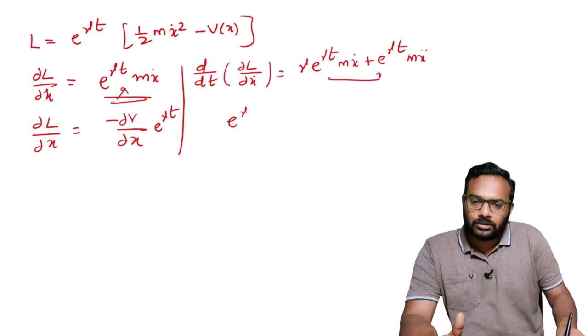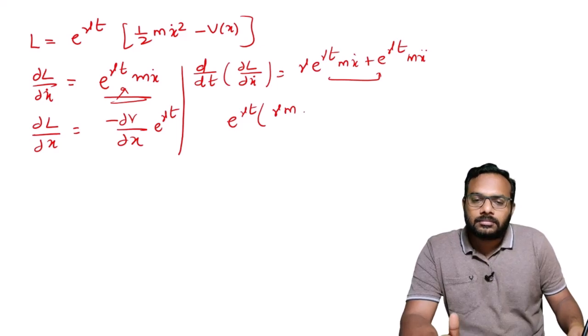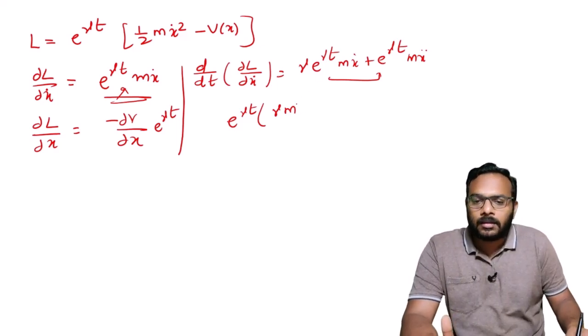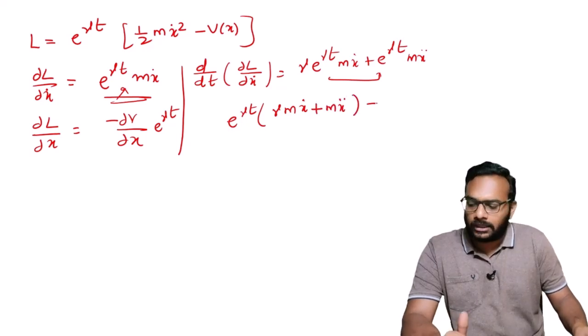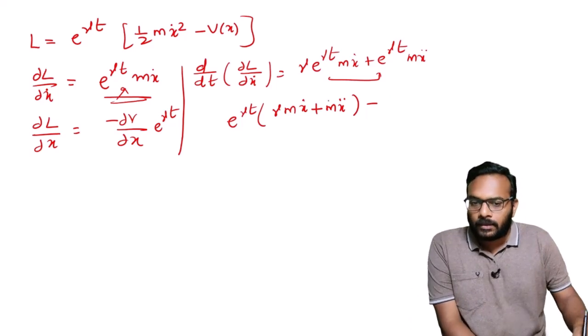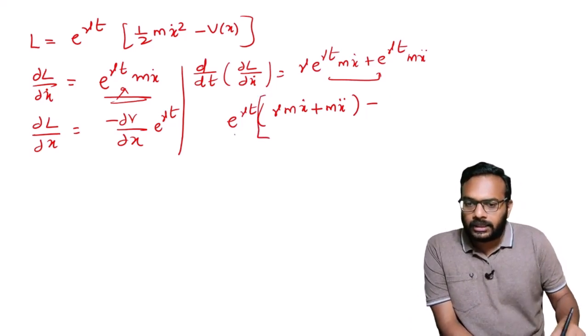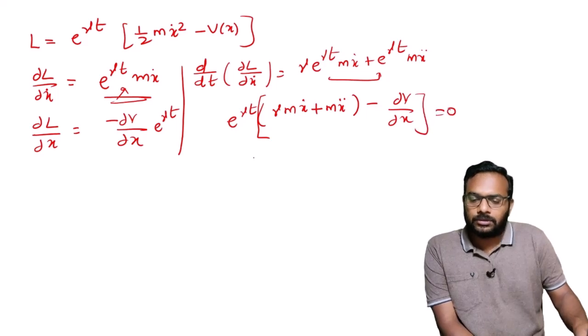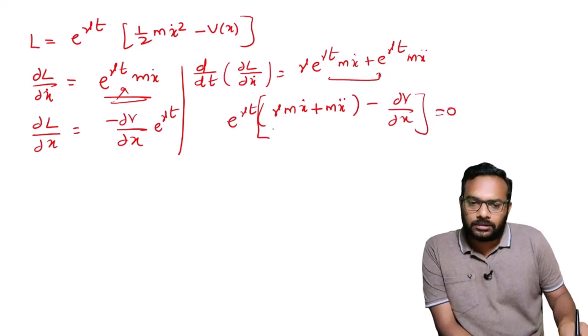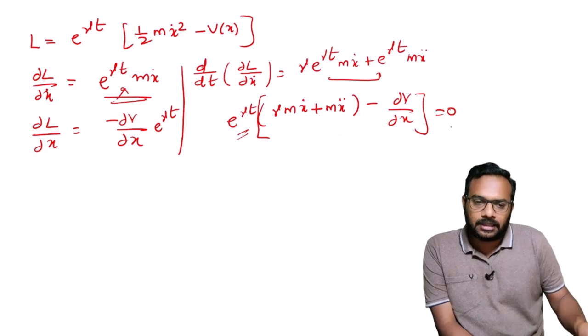You can just pull e raised to gamma t outside, so it's gamma m x dot plus m x double dot, minus dou V by dou x is equal to 0. Now there's something multiplied and it's equal to 0, so you can just leave that part.